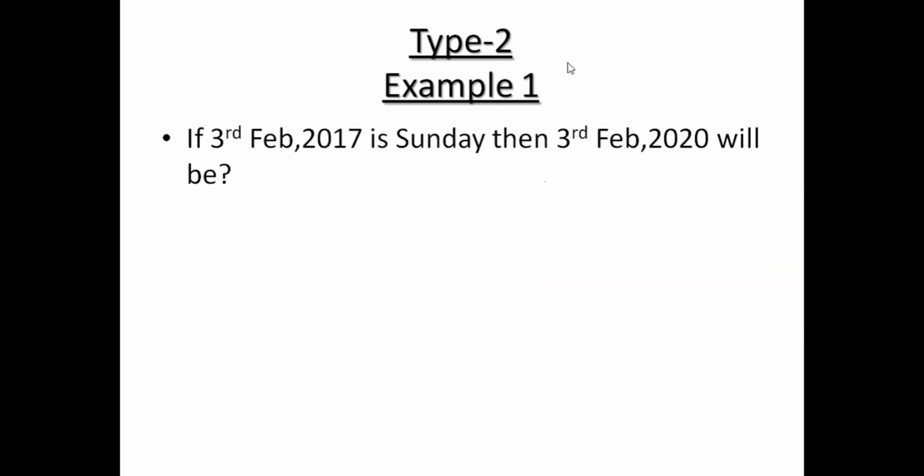Right. Yes. Till now we have covered type 1 questions. Now we'll enter into type 2. See, type 2. If 3rd February 2017 is Sunday, then 3rd February 2020 will be?